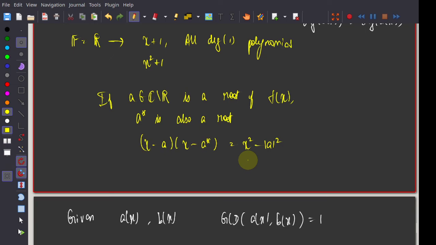Okay, I have f of x. I know that a and a star are the two roots of f of x. Correct? I want to know if this polynomial divides f of x or not. My claim is yes, it does. So f of x divided by x square minus mod a square is a polynomial with real coefficients. Why?